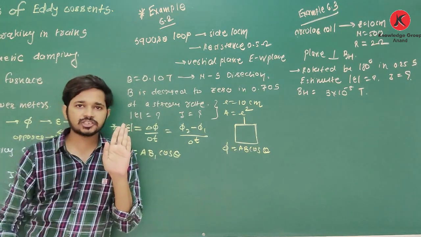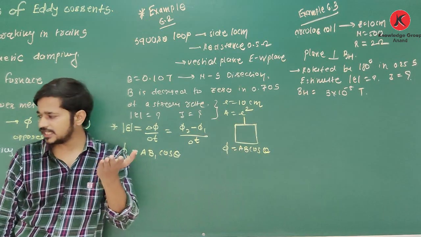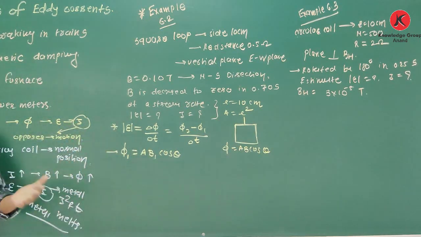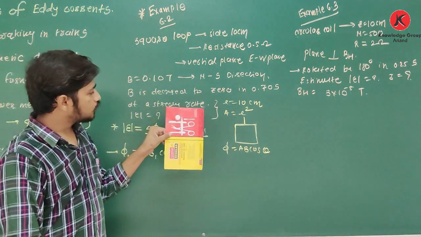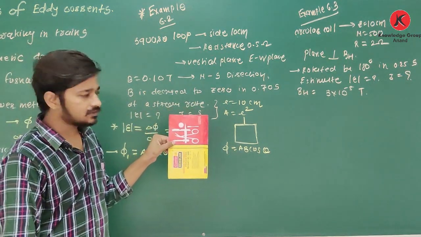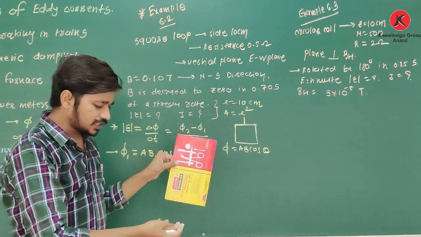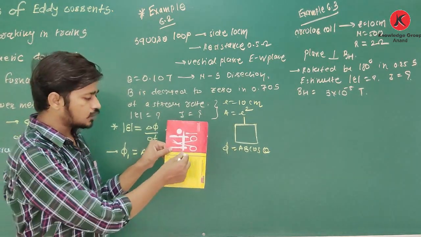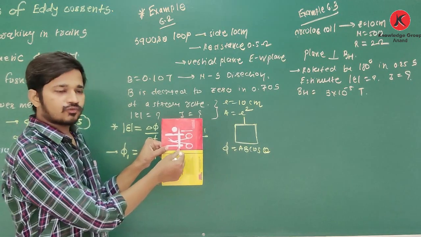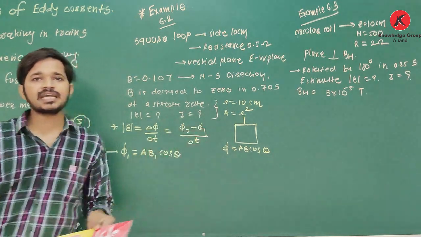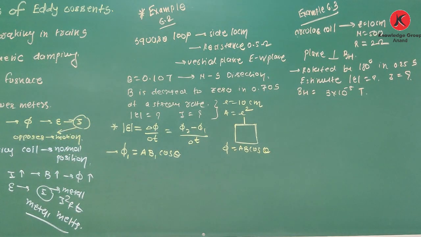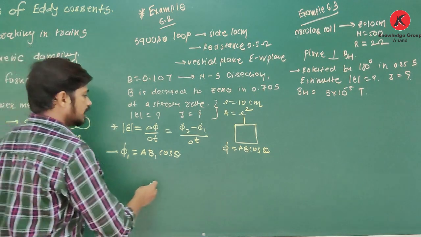Yes or no? You have to understand the data. This square plate is placed like this in the east-west plane, so its area vector is normal to it, and the magnetic field is also from north to south. So yes, they are in the same direction. So angle theta will be 0.